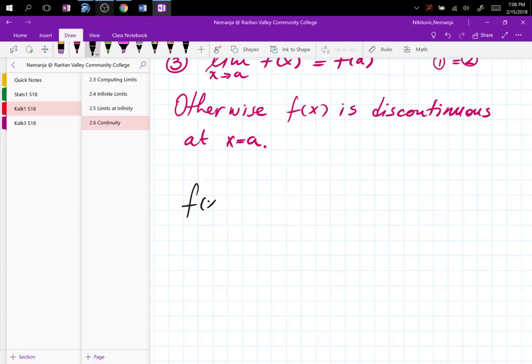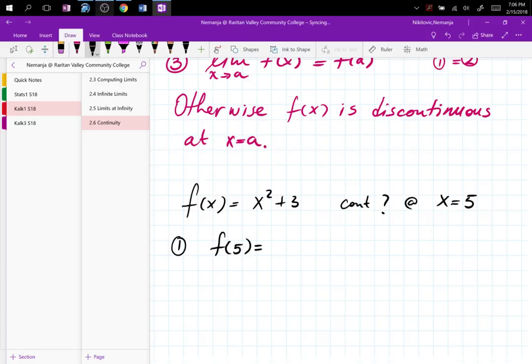Say your function f of x is x squared plus 3, and you want to check the continuity at x equals 5. Well, rule number 1 says that f of 5 must exist. Well, great. That's 5 squared plus 3. This is the pre-calculus part, which gives us 28.